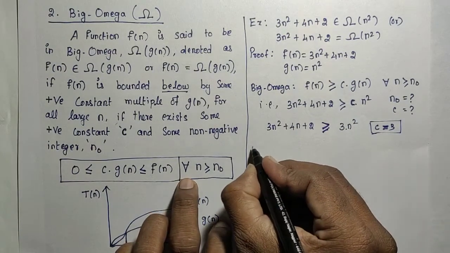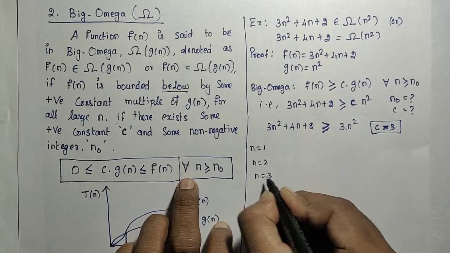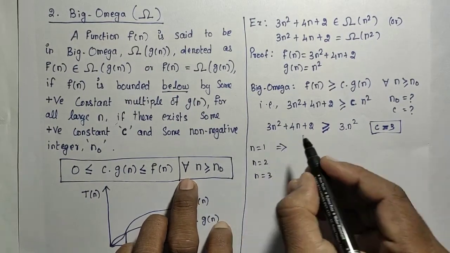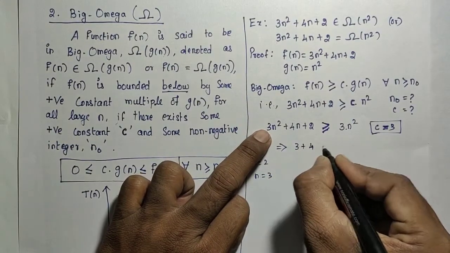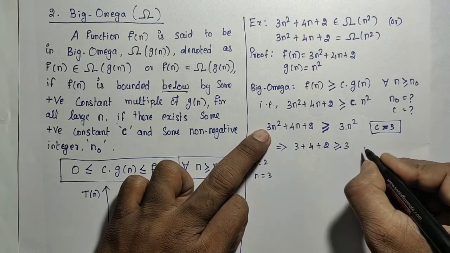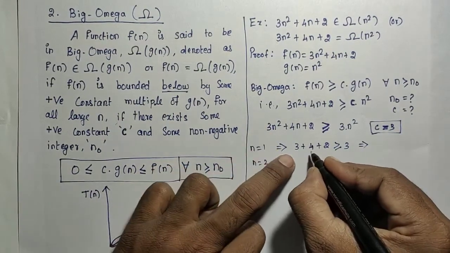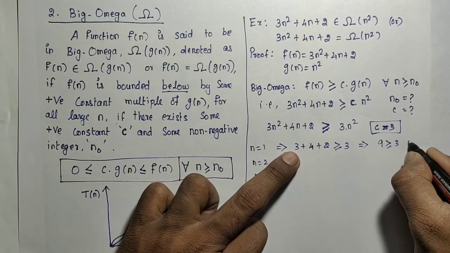Now I have to start with n equal to 1, n equal to 2 and n equal to 3. So for n equal to 1, substituting, 3 plus 4 plus 2 is 9, so 9 is greater than or equal to 3, and the condition is true.